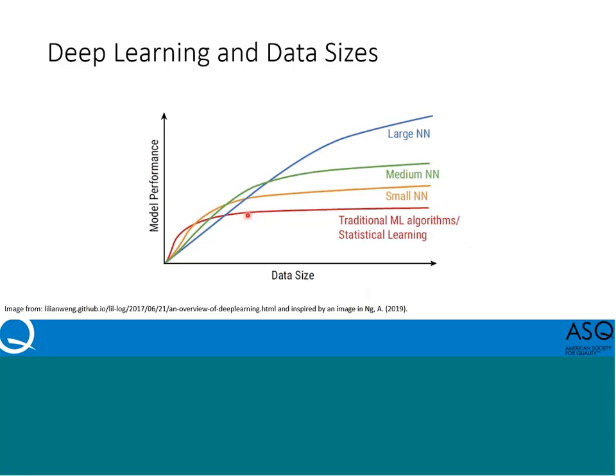But as data gets larger, and this has been true particularly with unstructured data like images, neural networks eventually surpass, say, a regression model and start to get really accurate in terms of model performance, which is why a car driving down the road can identify a tree, a stop sign, a bike, etc. But for small data, we still have our tried and true methods that won't go away.